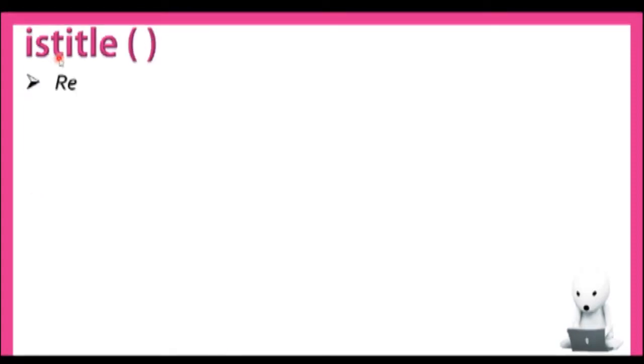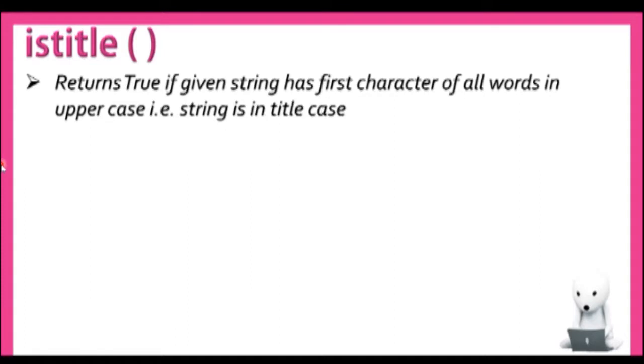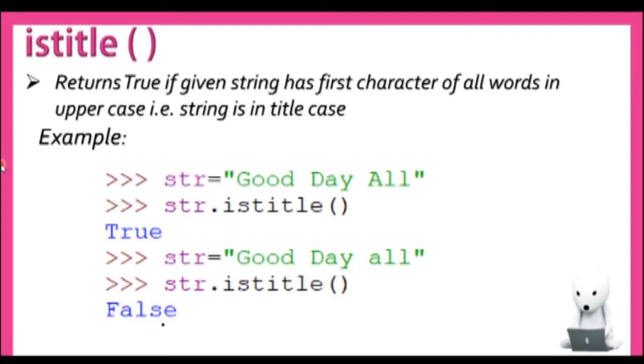Next is isTitle. It returns true if given string has first character of all words in uppercase. That is, if the string is in title case, it returns value true. Otherwise, it returns false. Let's see its example. str is equal to good day all.